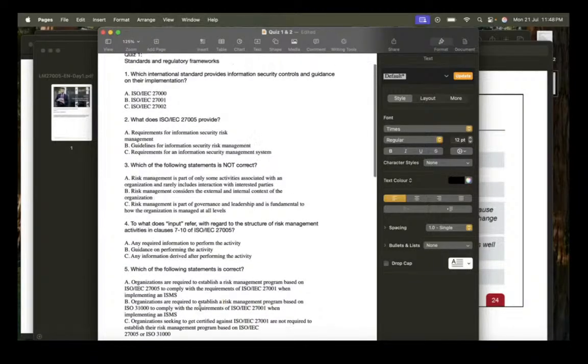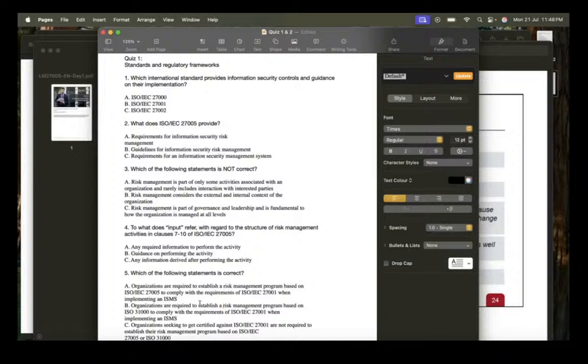And the last one is organizations seeking to get certified against ISO IEC 27001 are not required to establish their risk management program based on ISO 27005 or 31000.